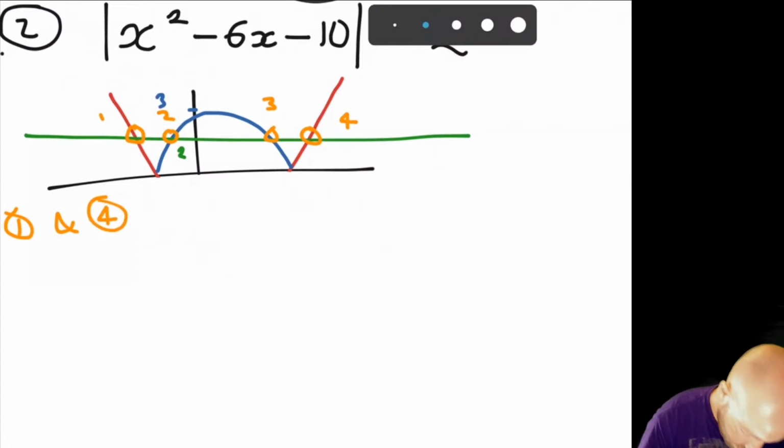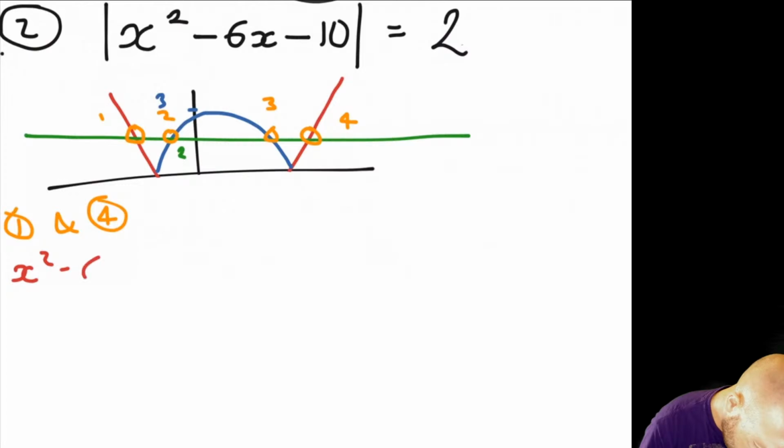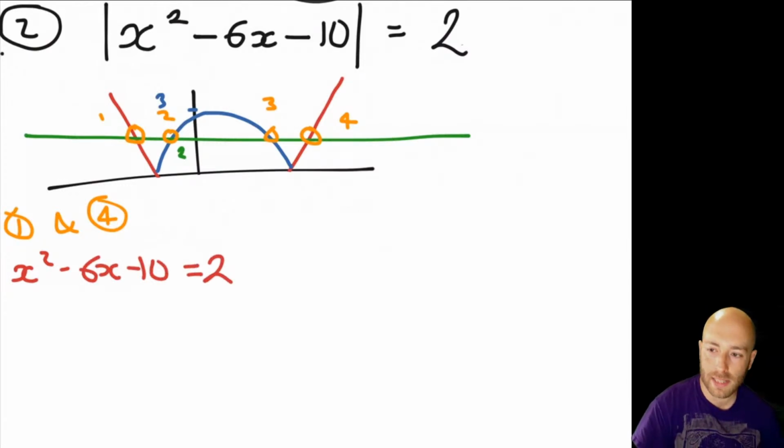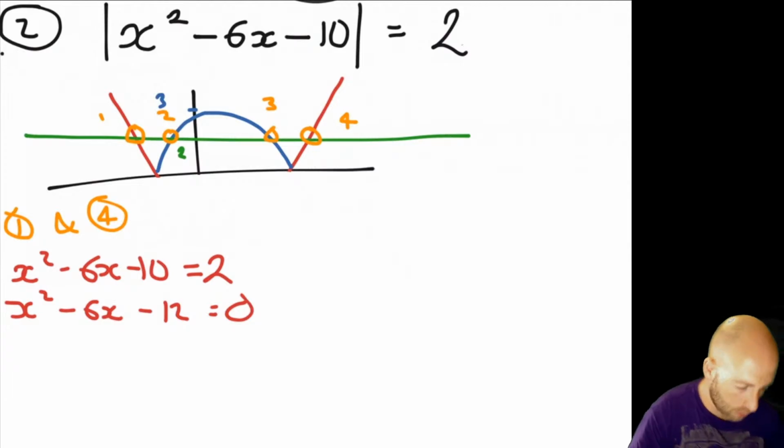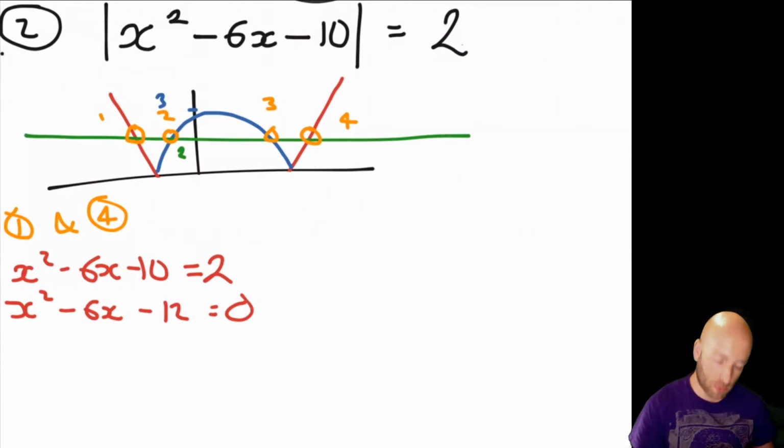It's the original curve, so I can just solve x squared minus 6x minus 10 equals 2. So I'm going to take the 2 onto the other side. X squared minus 6x minus 12 is 0. Use my calculator on my quadratic formula. So x squared minus 6x minus 12.